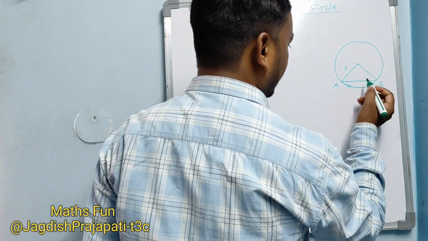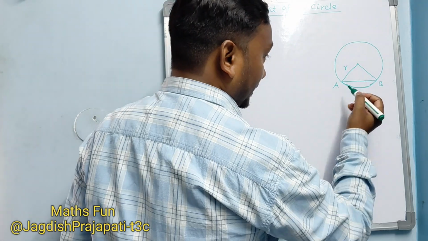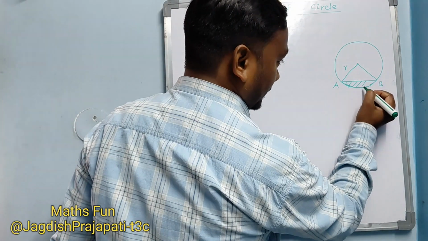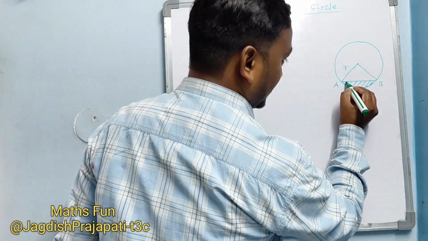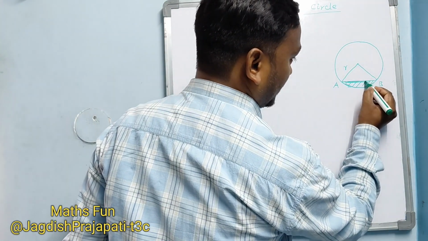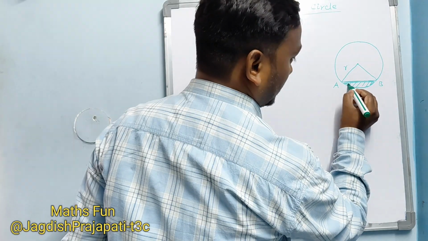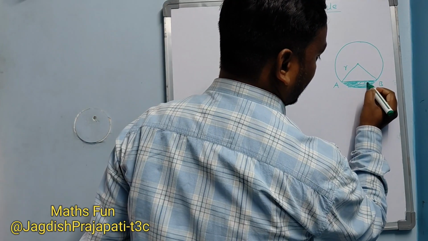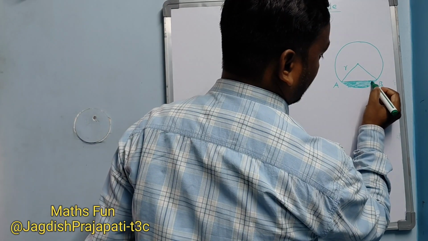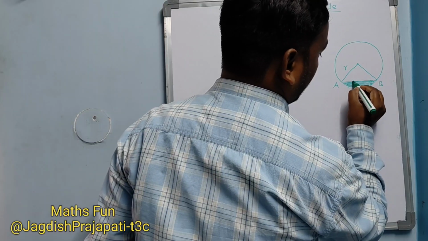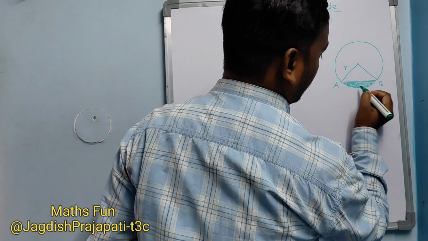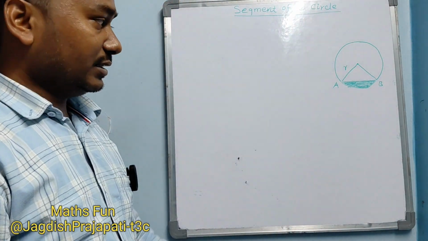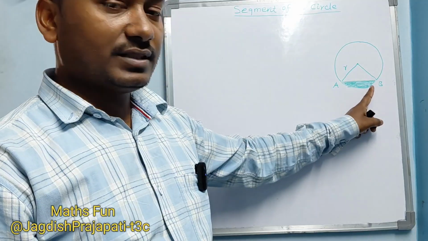Now in this case, the area which I am shading here, this shaded area, is the segment of the circle.